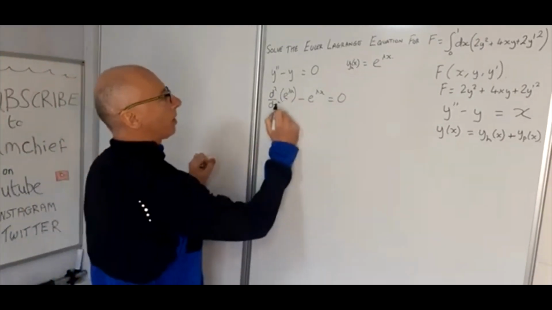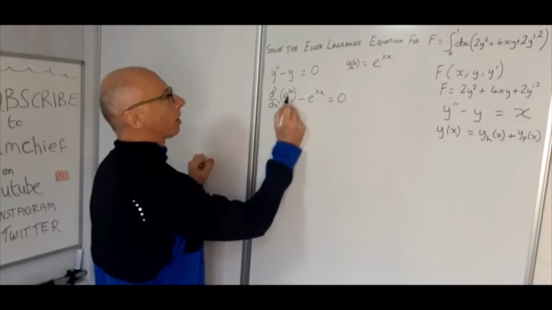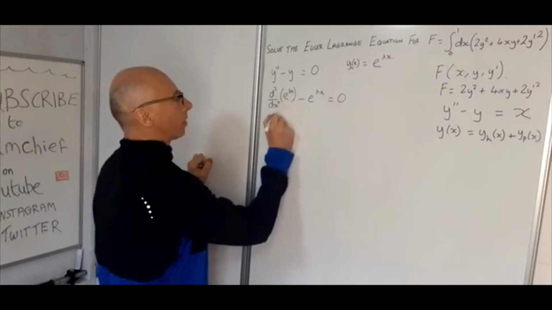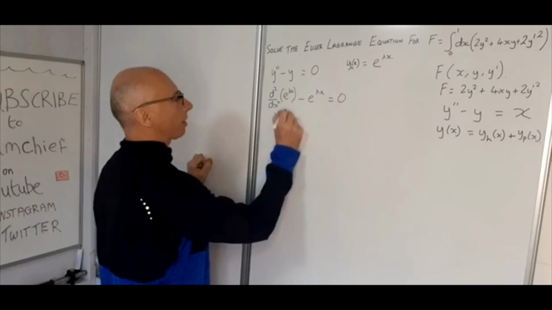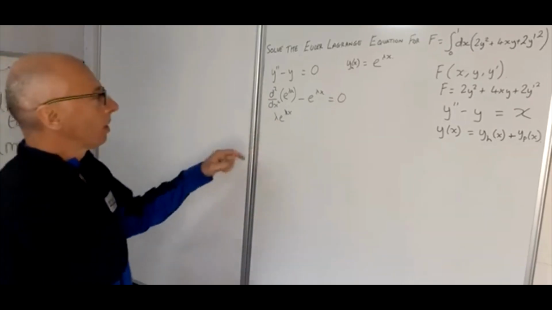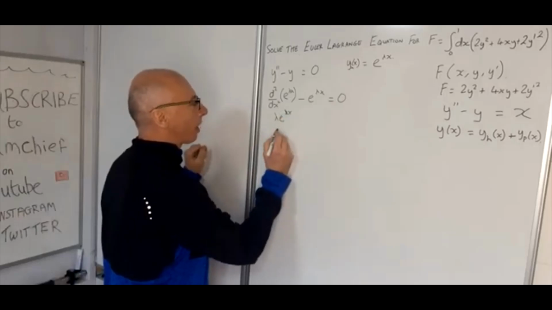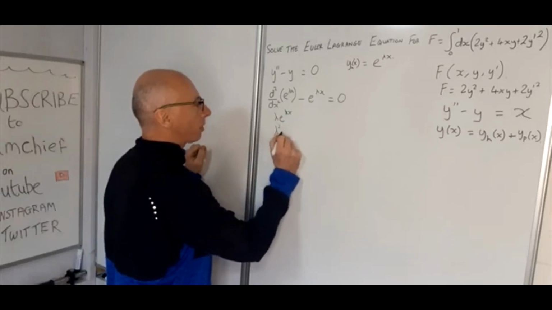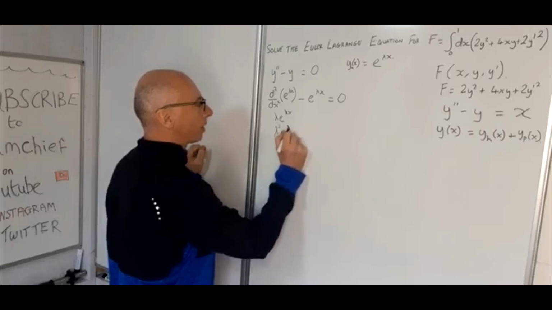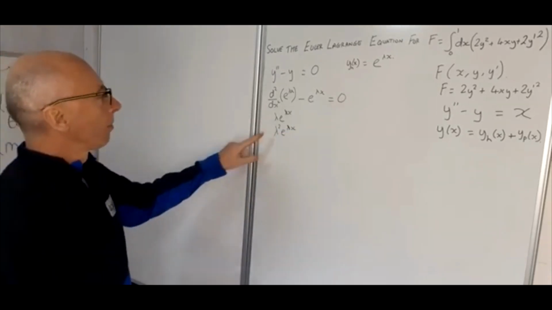We're taking it with regards to x, so the lambda is only a constant. So the lambda will come out first for the first derivative, lambda e to the lambda x. That's our first derivative. And for our second derivative, the lambda is again still a constant, so bring the lambda out front. Then we're left with lambda squared e to the lambda x. So that's our second derivative.